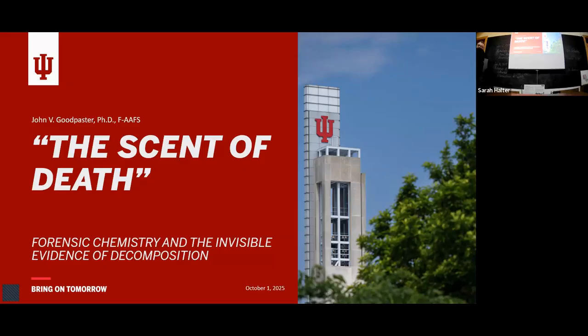But then this case came along because they wanted us to find out whether or not we could identify any volatile compounds that are associated with decomposition, even though the body was long gone years ago. It ended up being a pretty interesting study. We ended up developing decent data. I testified in this case, and the case has now been fully adjudicated, so I can sort of lay it all out for you.